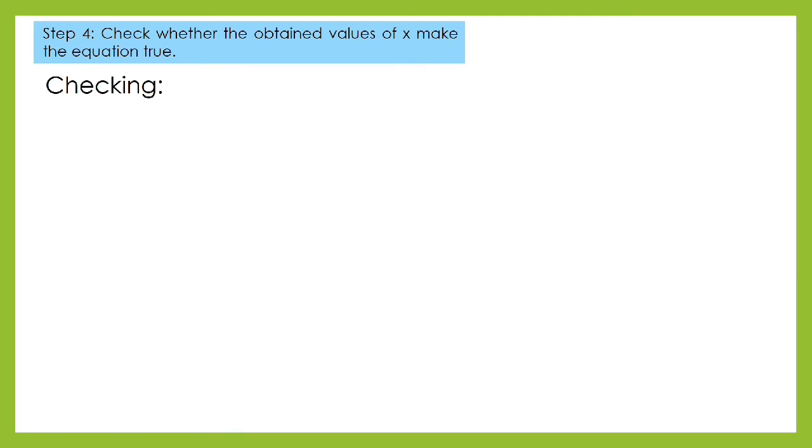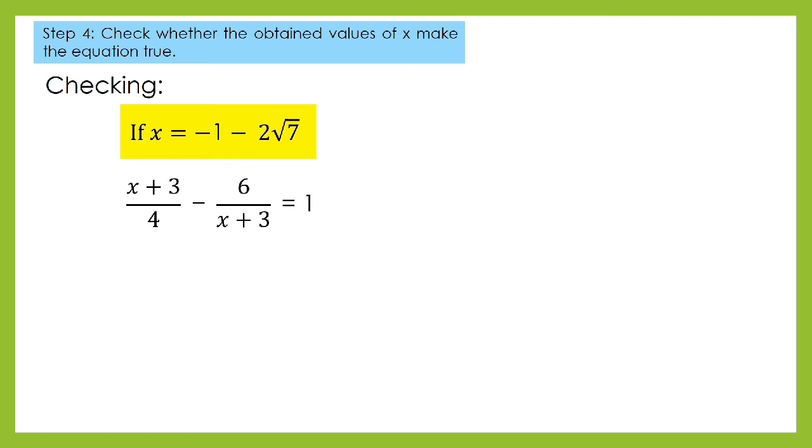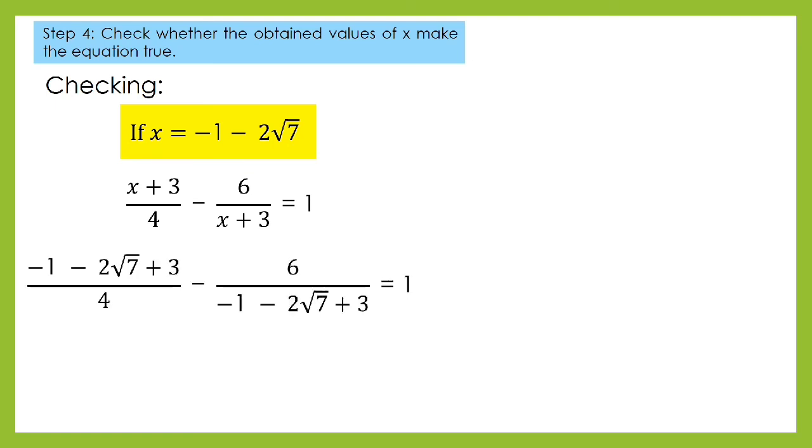Let's check the second root. The second root is negative 1 minus 2 square root of 7. Let's substitute to the original equation. We now have negative 1 minus 2 square root of 7 plus 3 all over 4 minus 6 over negative 1 minus 2 square root of 7 plus 3 equals 1. So, simplify natin.